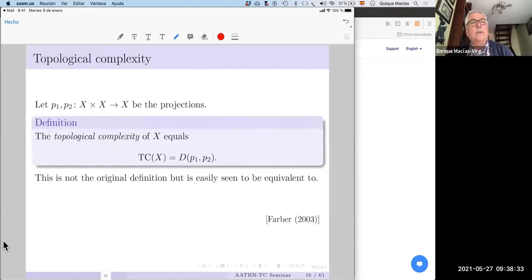So now we shall relate the distance with the topological complexity. By definition, the topological complexity of the space X equals the distance between the two projections P1 and P2. This is not the original definition, but it is easily seen to be equivalent.